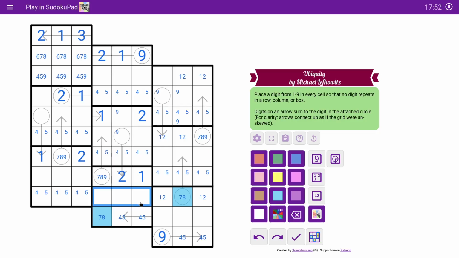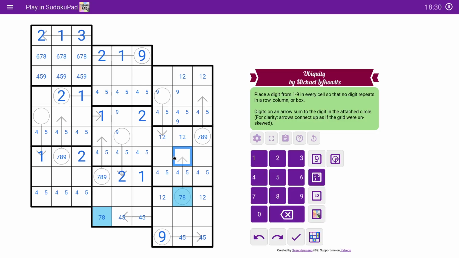And then I suppose we have, no, 6 probably cascades through the middle, and then where does 3 go? If this is a 5, this is an 8, 3. This can't be a 4, because that would make this a 5.